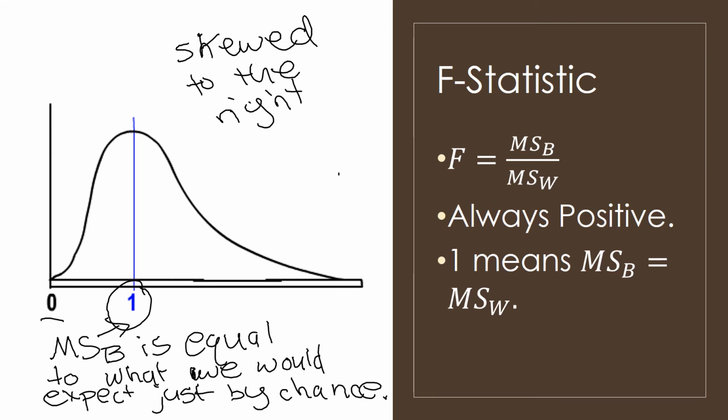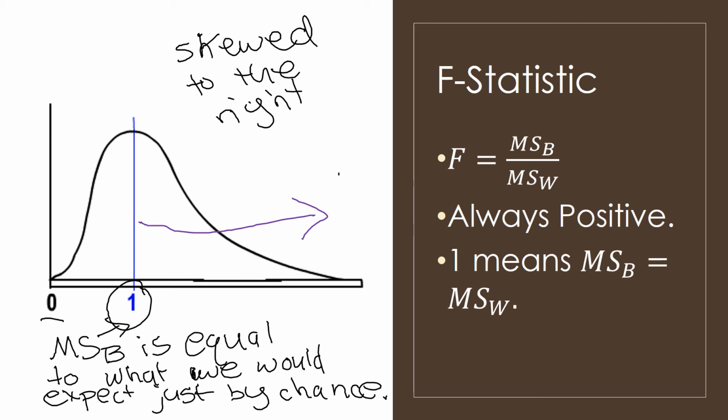Okay? And when we have more variability than what we expect, that means we're more confident that the sample means do in fact vary from each other. They're significantly different from each other. So if you have greater than 1, then it's more likely that the population means are in fact different from each other. Okay, so we're looking for anything above 1, and the further away from 1, the more significant it is.